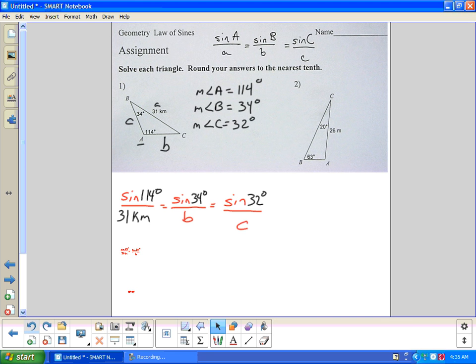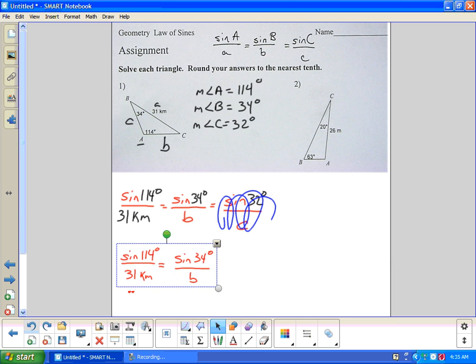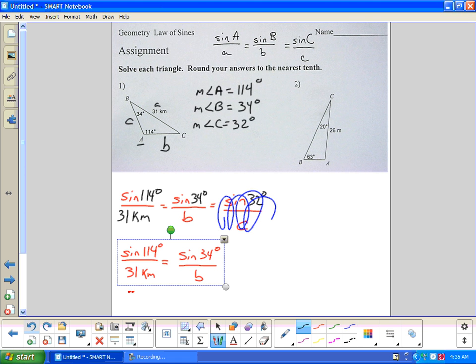And what you've got to notice here is if I ignore a ratio, so if I ignore this ratio here, these two are equal. So I can quickly write a proportion. Well, that proportion can be solved, cross multiply. I get sine 114 times b equals 31 kilometers times sine 34 degrees.